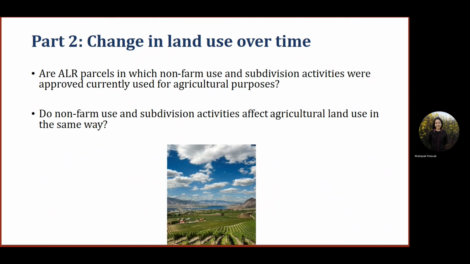To find out whether the land is used for agriculture or not is not such a straightforward issue. So we thought about going to the land, visiting the land, and taking a look. But it's just impossible to visit all these parcels.